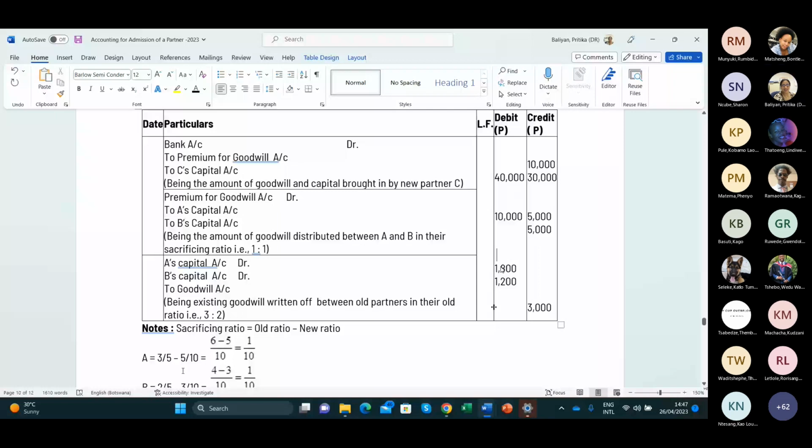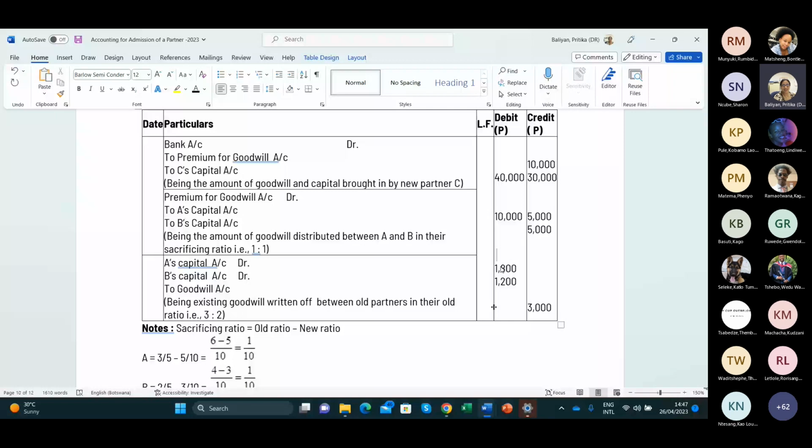So you can make the calculation. 3,000 times 3/5 gives you 1,800. So in 3,000, old partner A's proportion was 1,800.